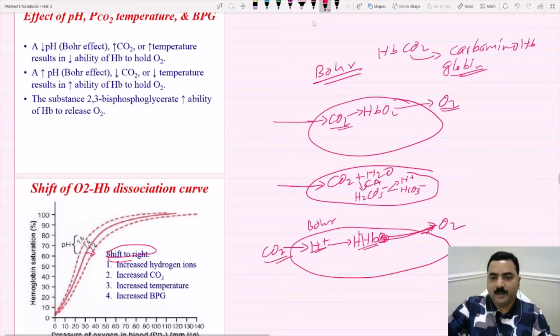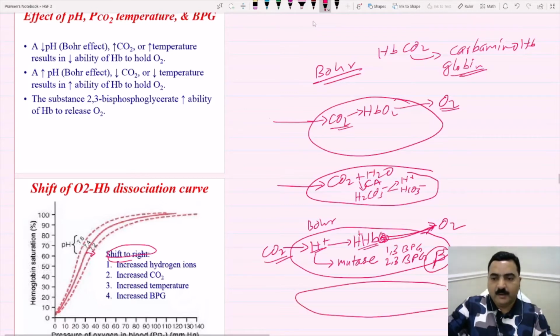Another influence of this hydrogen ion is that it stimulates the mutase enzyme. The mutase enzyme causes the conversion of 1,3-BPG to 2,3-BPG. And the 2,3-BPG binds to the beta chain, not to the alpha chain, the beta chain of the hemoglobin.